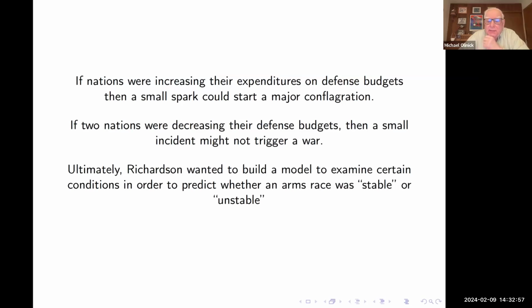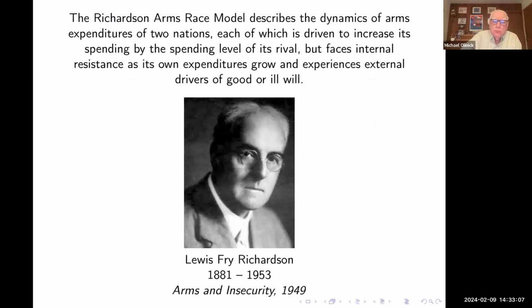And he wanted to build a model that would examine what conditions exist that would predict whether arms races were stable or unstable. And he developed a model now known as the Richardson Arms Race Model. It describes the dynamics of arms expenditures of two nations.